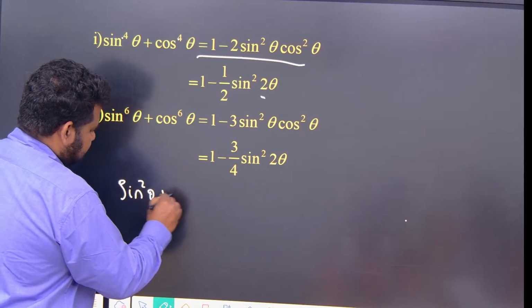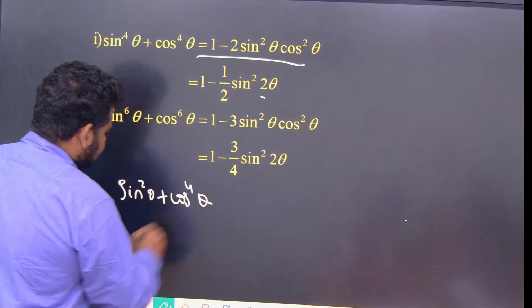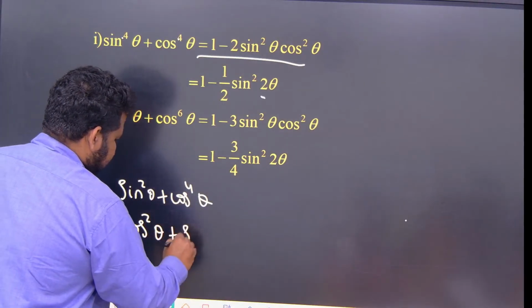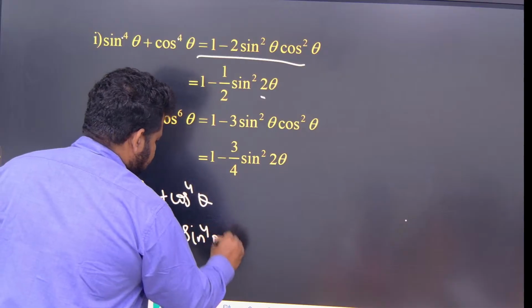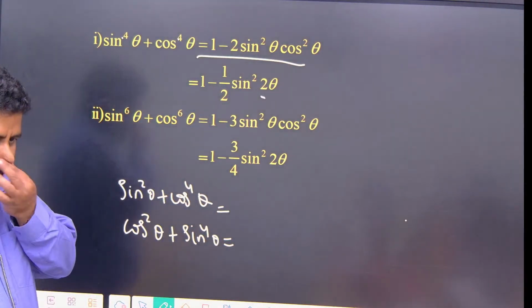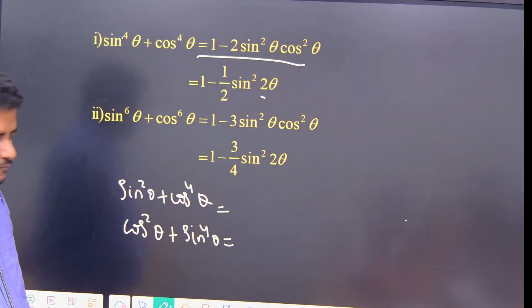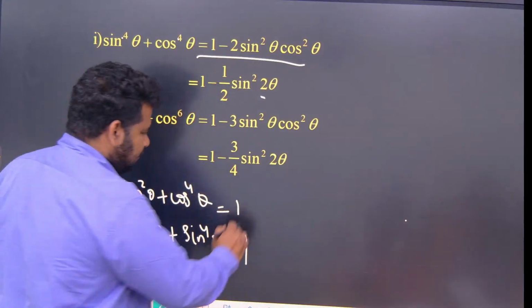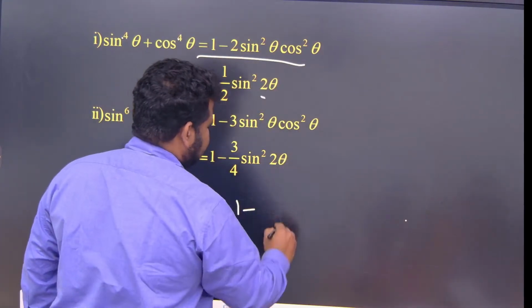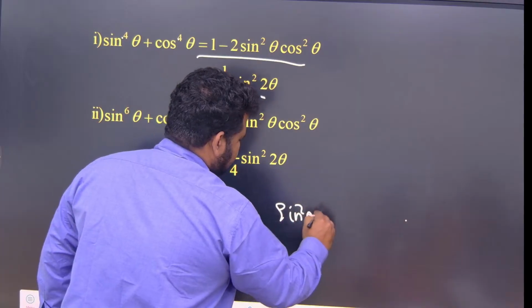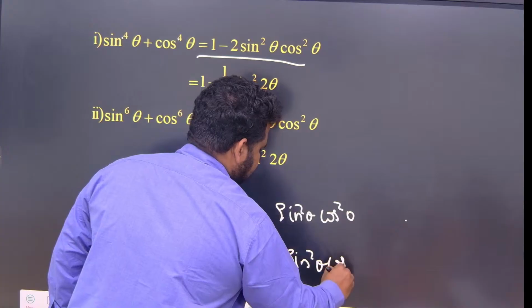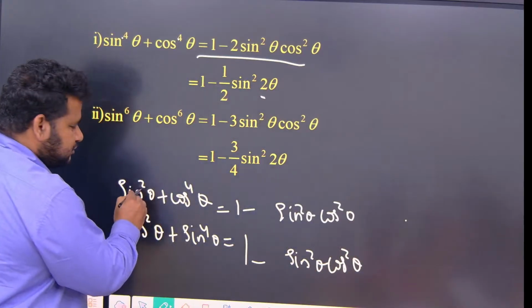Now I will ask you: sin square theta plus cos power 4 theta, or cos square theta plus sin power 4 theta. What should I write? So here same thing, 1 minus is common, sin square theta cos square theta. But here what is the lowest power? 2.